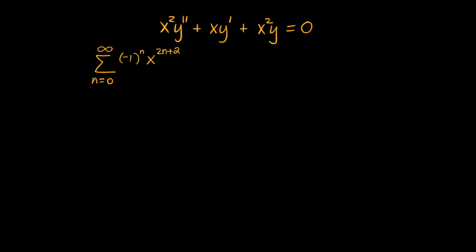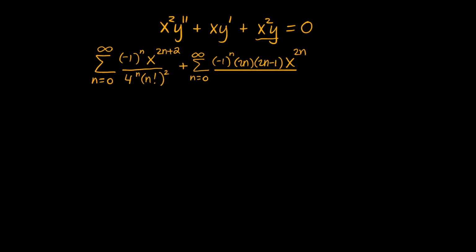And now I'm going to substitute in the power series that we found by differentiating, noticing that the x's have been boosted by the appropriate powers of x. I started here with the series for x squared y, and now I'm inputting the series for xy prime.